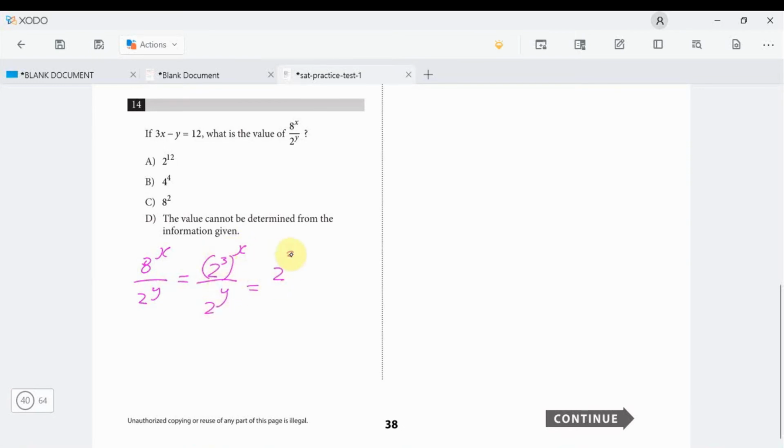So this will become 2 to the 3x over 2 to the y, which becomes 2 to the 3x minus y. But then 3x minus y we said is 12, so that is 2 to the 12. They just told us that 3x minus y is equal to 12. Wow. This is 2 to the 12, which is option... easy.